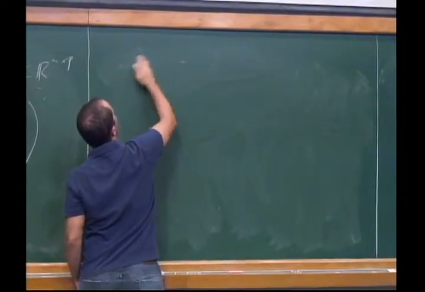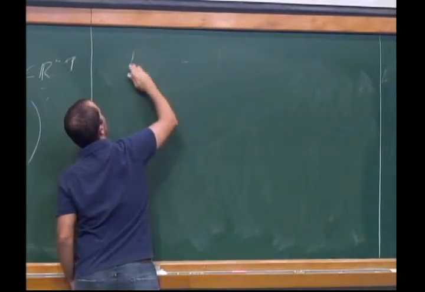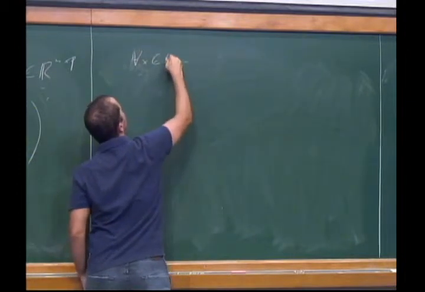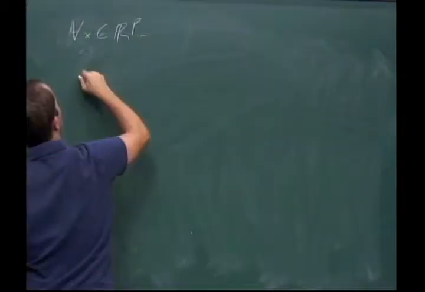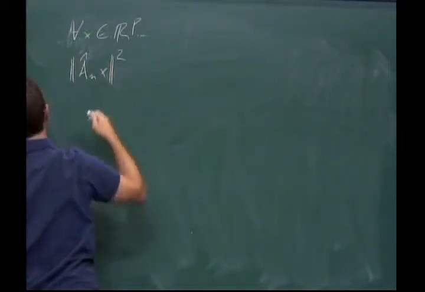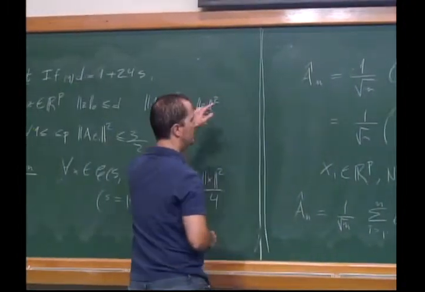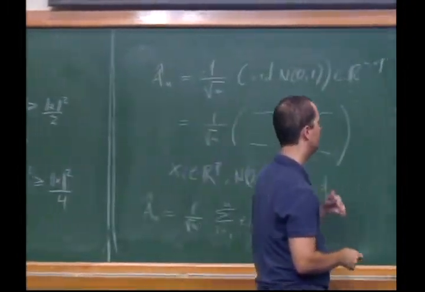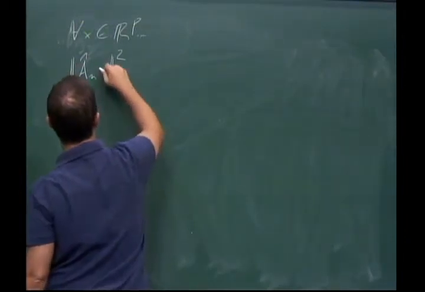Okay, why do we want to take this? For any x in R^p, if you take the norm of alpha hat n x squared, which is the kind of thing we want to consider in our analysis, what is this? Well, it's very simple.